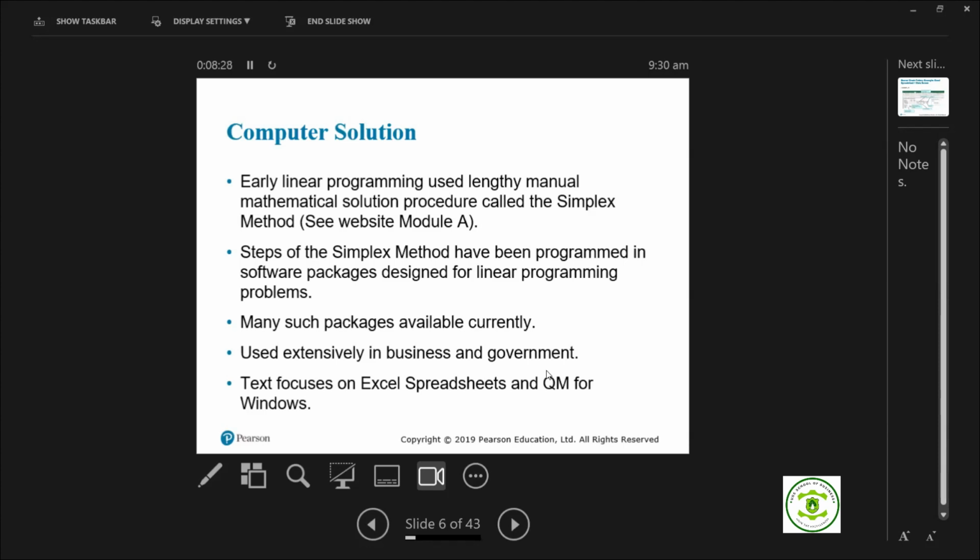At least if you don't have the QM, you should have the solver. The solver is inbuilt in Excel. You don't need to download any software. So confirm that. Because you can solve the problem either using the Excel Solver or using what? Excel QM, which I asked you to install. So at least you should be able to activate that as an add-in.